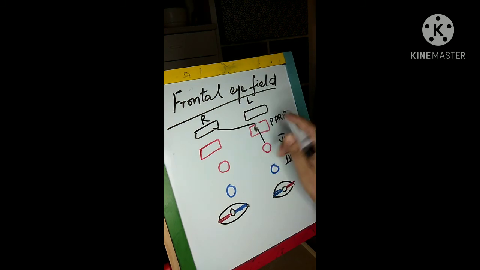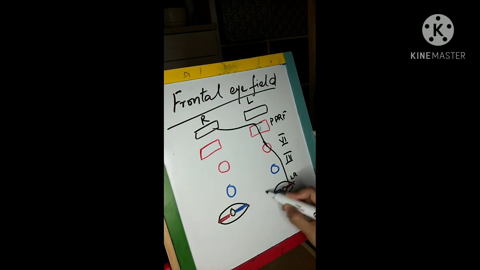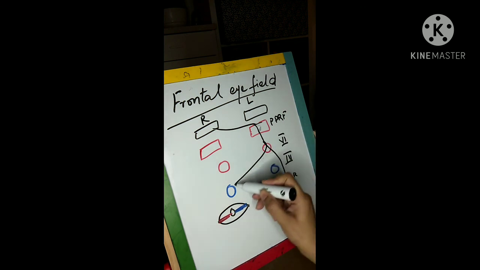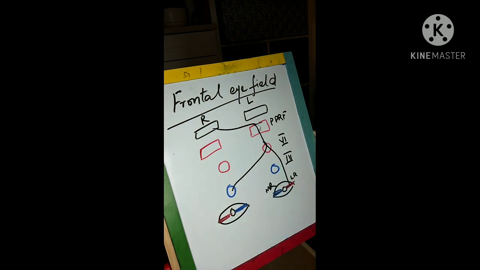From there, they will go to the lateral rectus of the ipsilateral side, and they will also cross to the other side and will go to the third nerve nucleus of the contralateral side, and later on it will supply the medial rectus of that side.